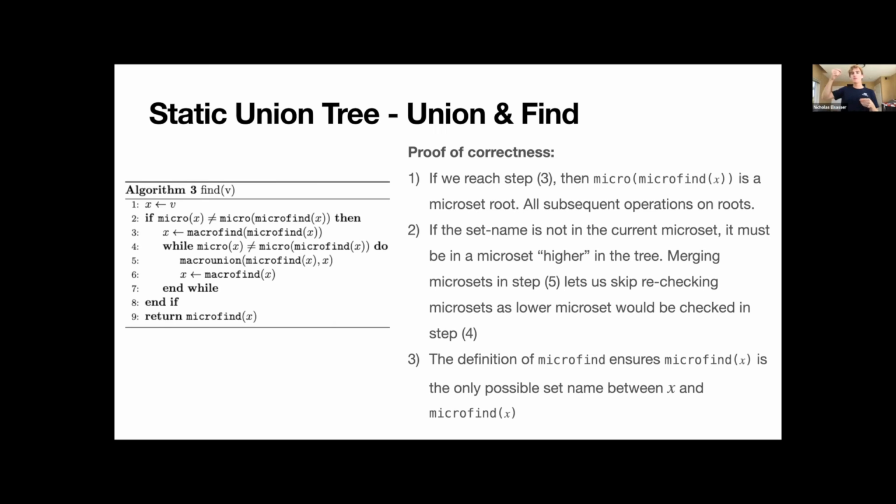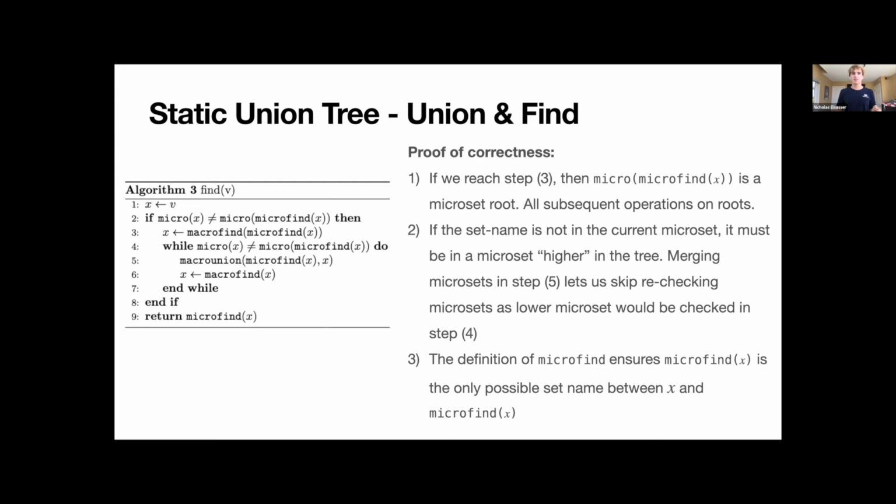So as we're moving up the microsets, each time we move up, we can say, well, we've already checked all the microsets below it. So it's intuitively similar to path compression, where we create this link between the bottom microsets in the path to the topmost, the last known good microset.